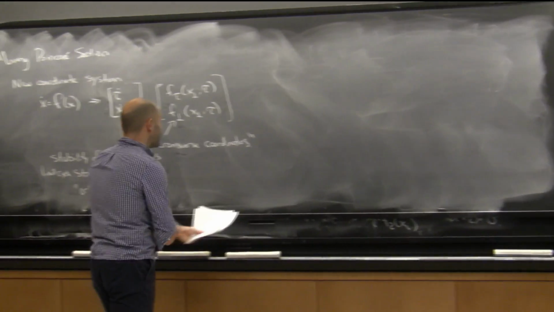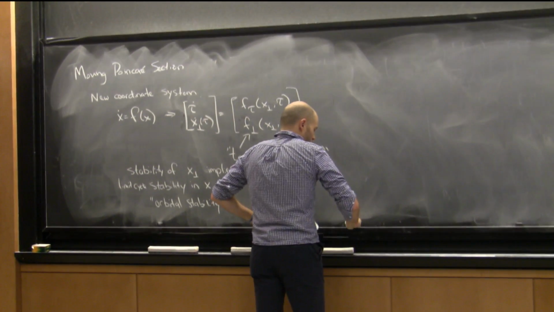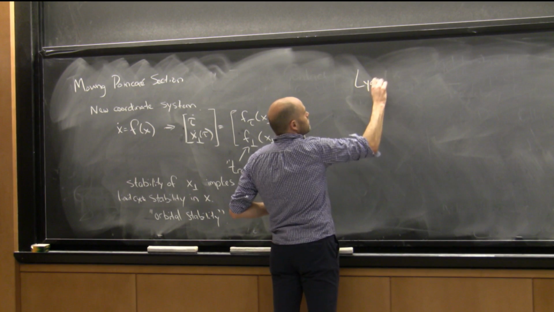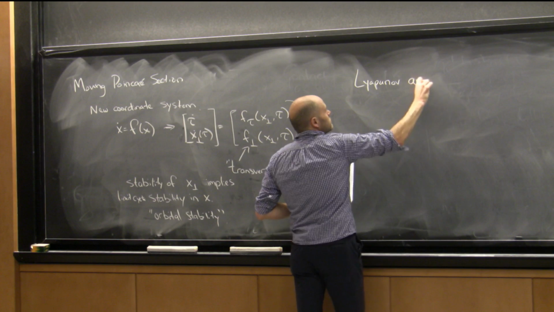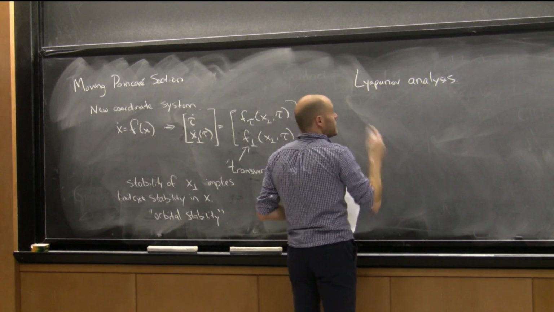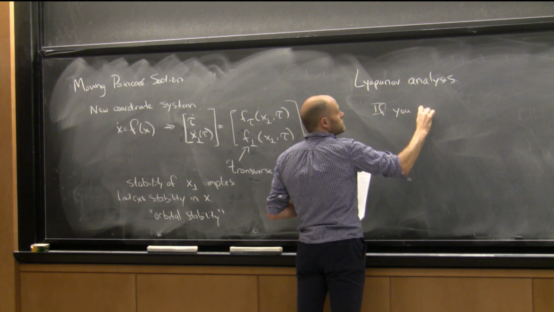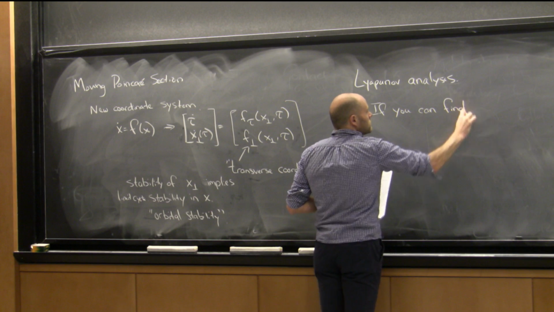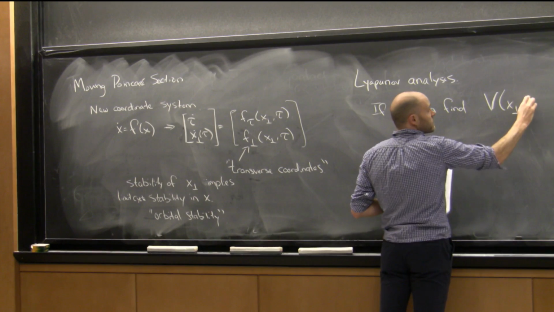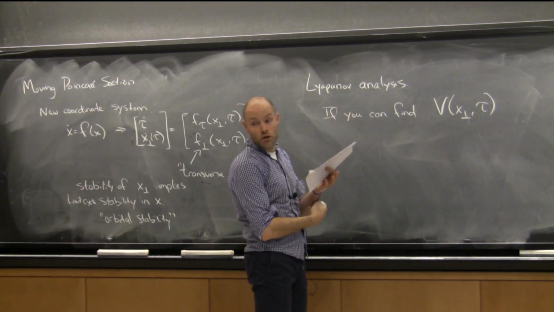Okay, so here's the trick. Here's the more general trick. If you can find a function V, which I'll now write down in the transverse coordinates, it's typically a function of both x perp and tau.